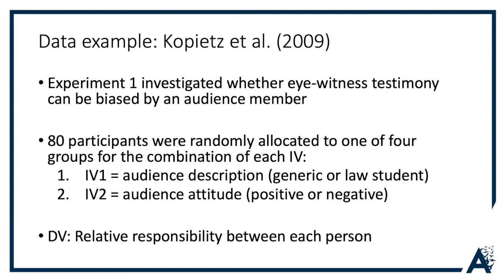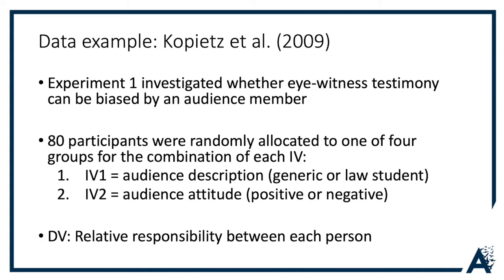They also manipulated the attitude of the audience. So they were described as either positive or negative towards person A in the video. So what they wanted to know was whether the combination of these factors would affect how much they would rate each person on the responsibility for starting this bar fight.